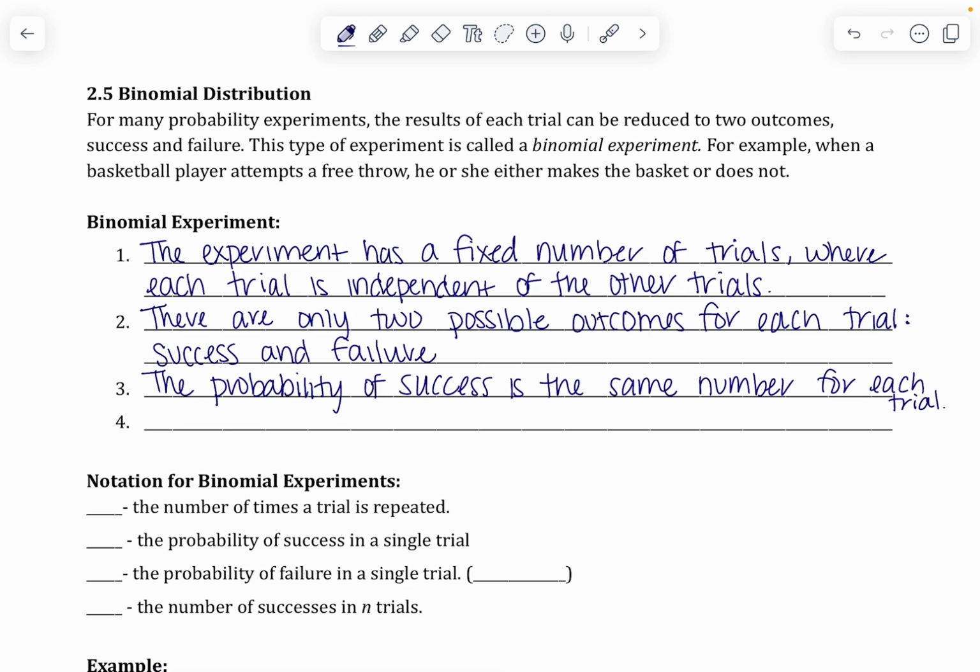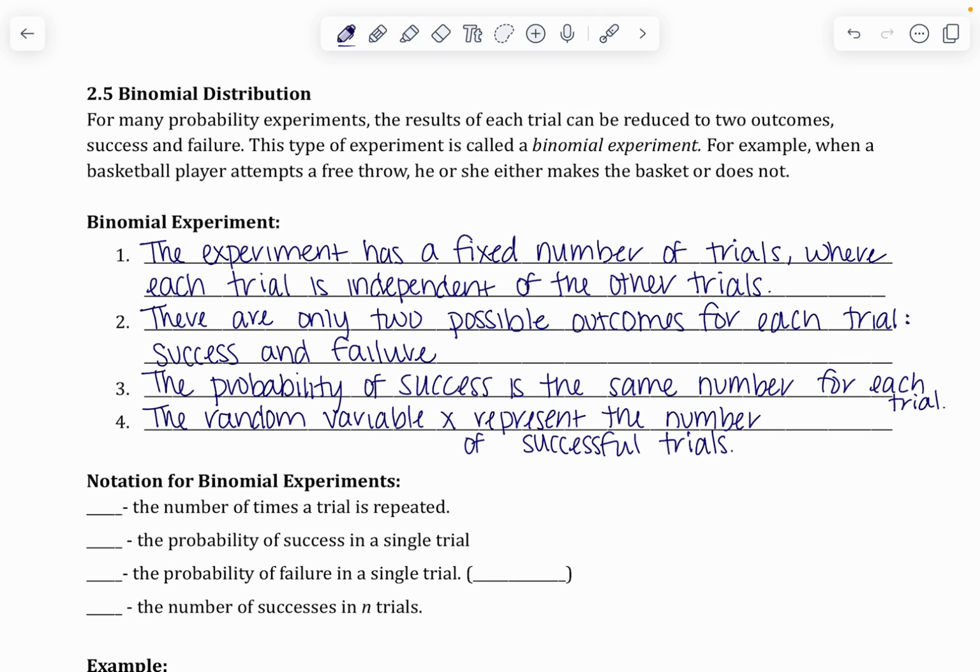Okay, our fourth characteristic is that the random variable x represents the number of successful trials.